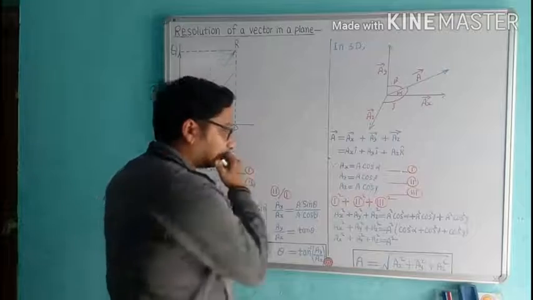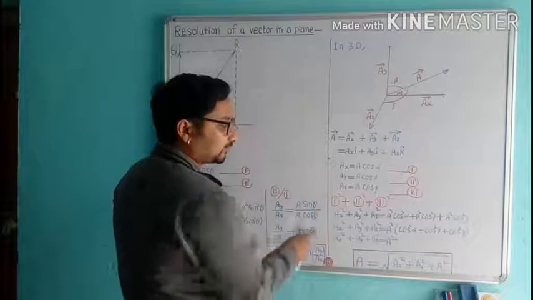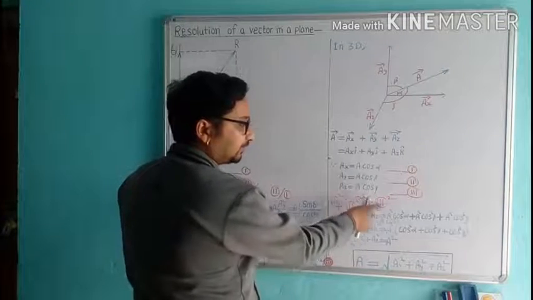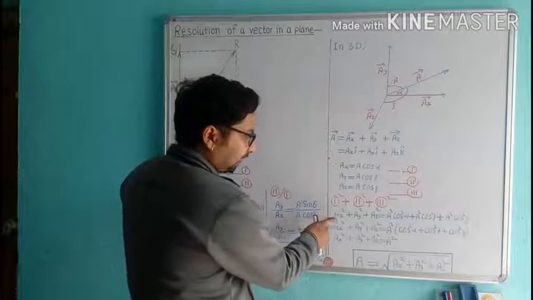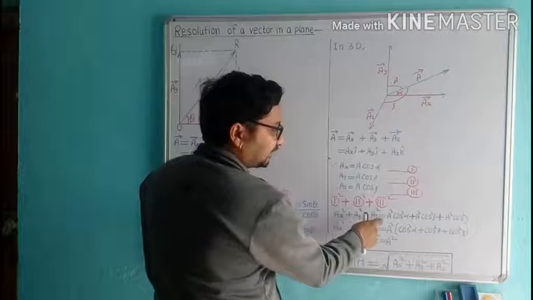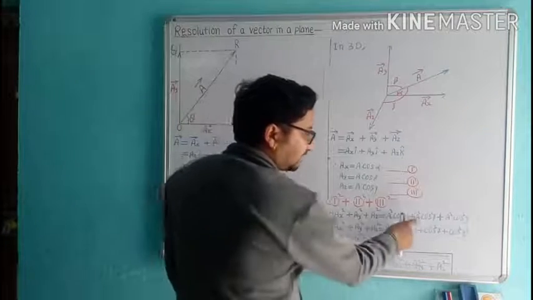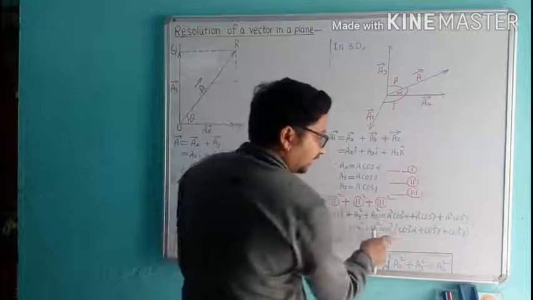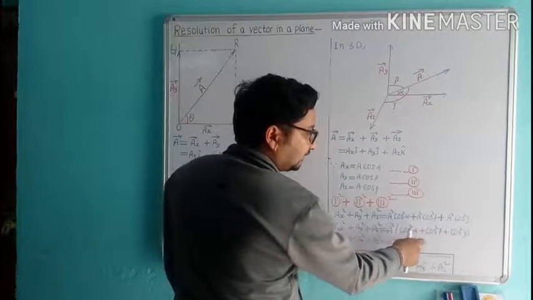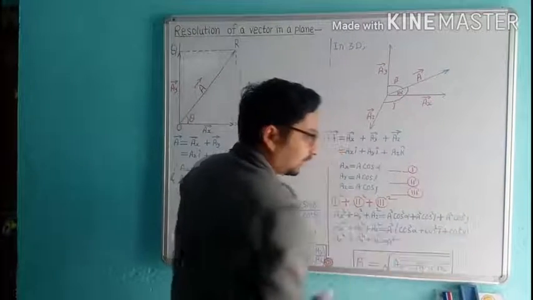Okay, now equation 1 squared plus equation 2 squared plus equation number 3 squared, then we get Ax square plus Ay square plus Az square is equal to A square cos square alpha plus A square cos square beta plus A square cos square gamma. Take A square common, then we get cos square alpha plus cos square beta plus cos square gamma.